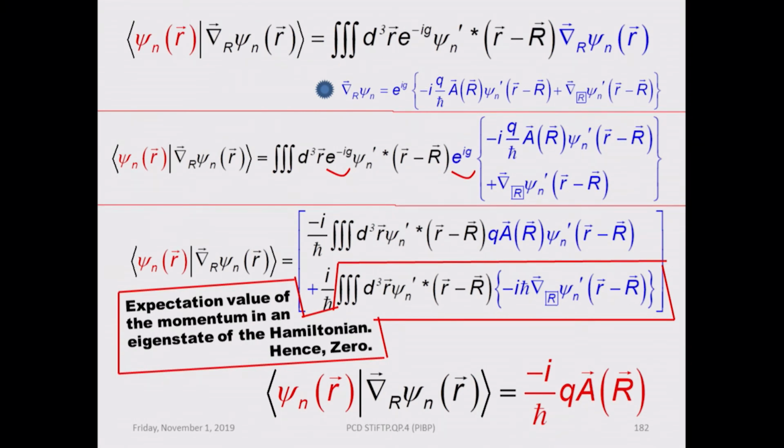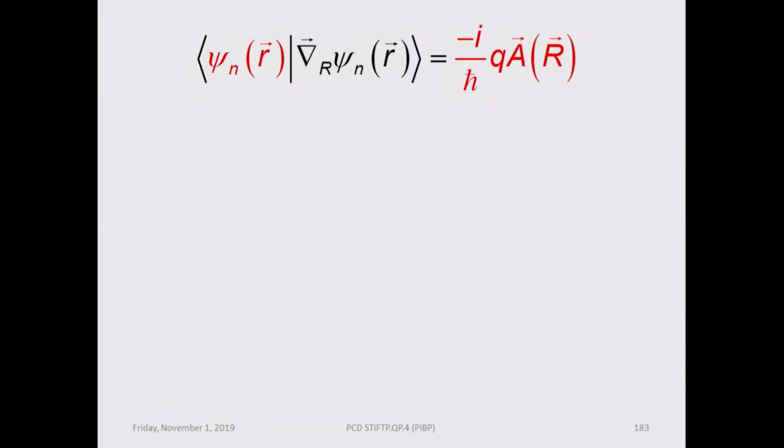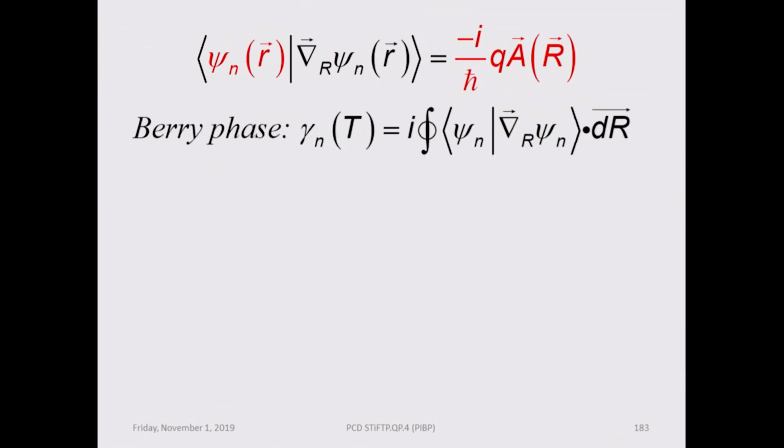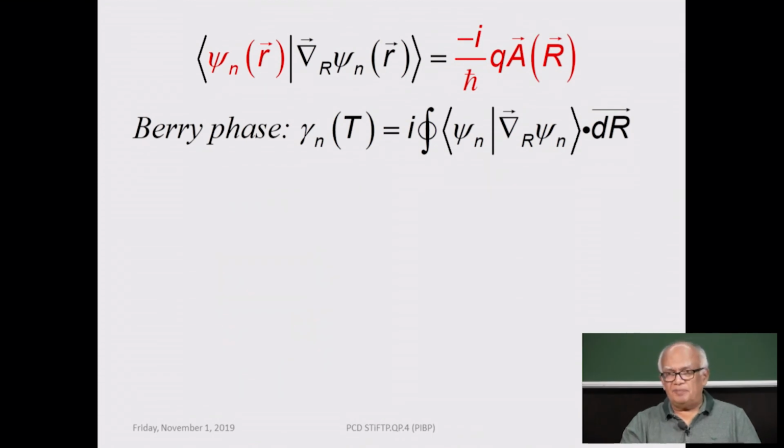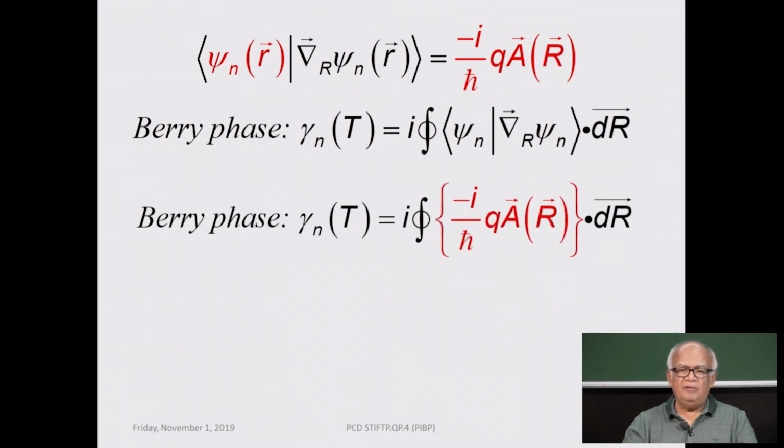And you get this term which we will put in the expression for the Berry phase in the integrand, and that turns out to be minus i over h cross q times the vector potential, right. And this will go into the integrand which we have used to define the geometrical phase. This is the geometrical phase and we have got the term in the integrand, so put it in, right.